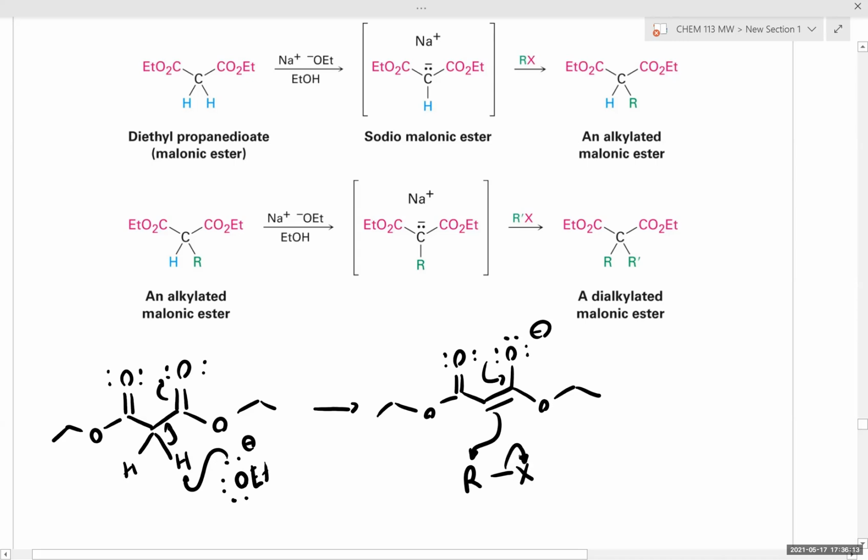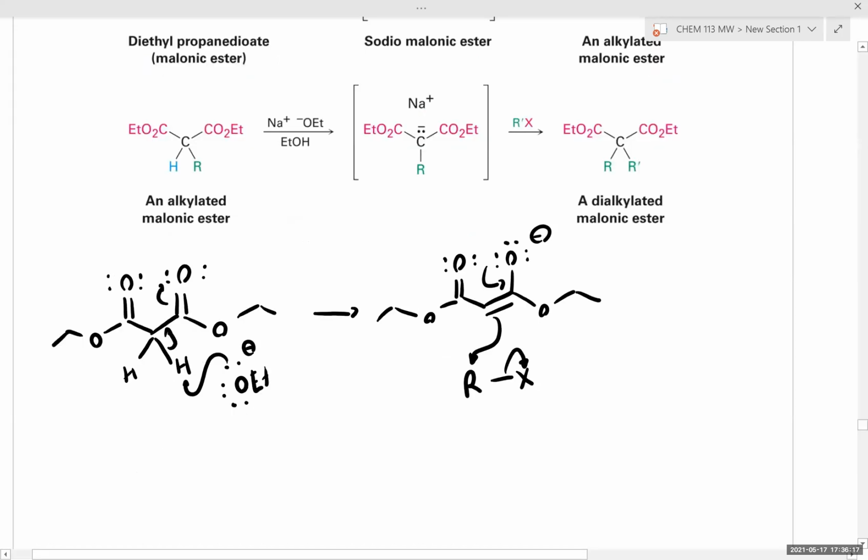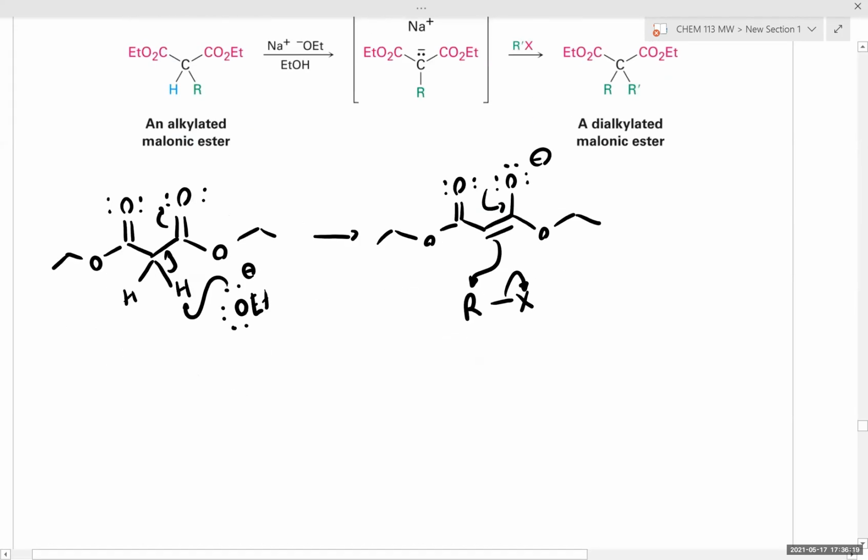So we displace our halide via an SN2 reaction, and we get our alkylated malonic ester product.